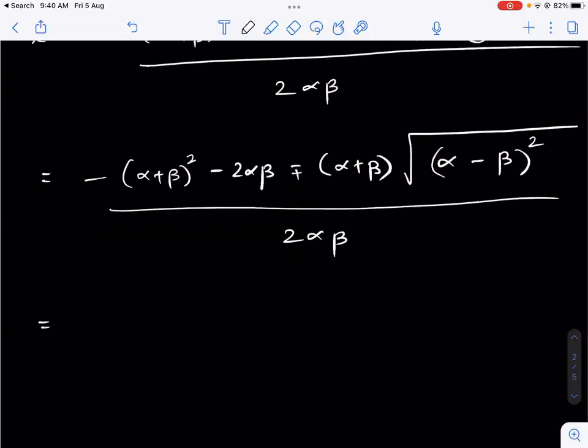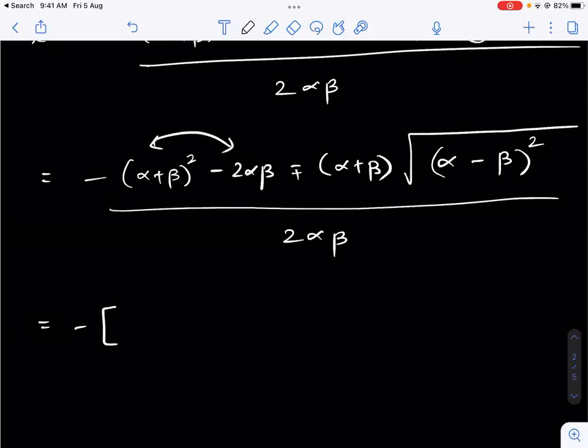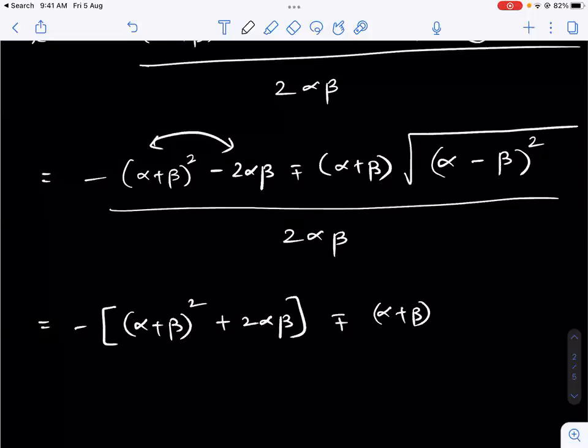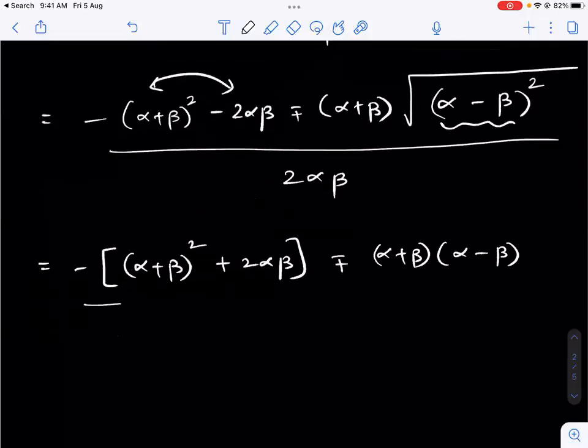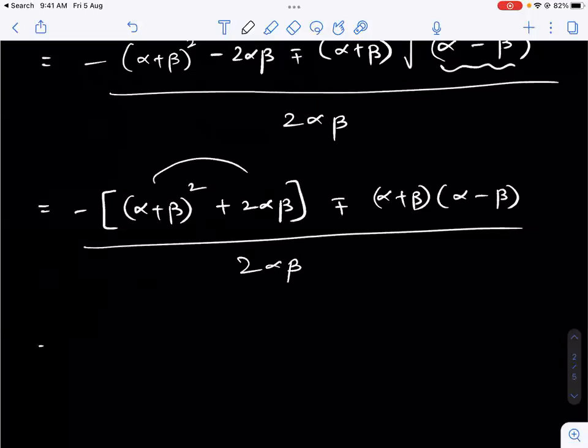Listen. Minus of. If I take minus common from these two terms, what will I get? Alpha plus beta the whole square plus 2 alpha beta, minus or plus (alpha plus beta) into the root of (alpha minus beta the whole square), which is alpha minus beta. That's it. Square and square root will get cancelled. What will this lead you to?